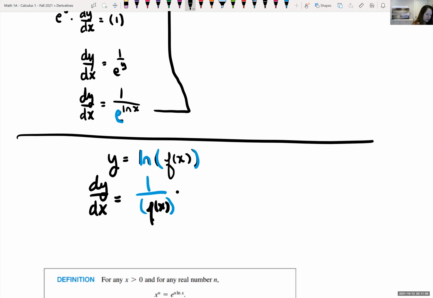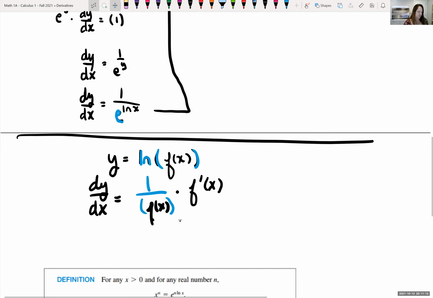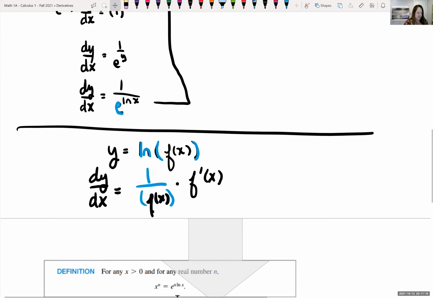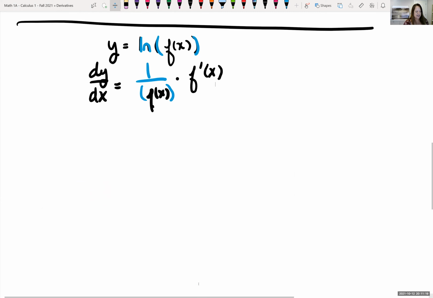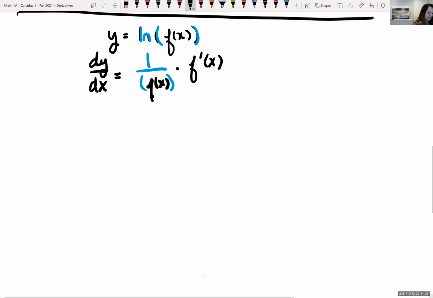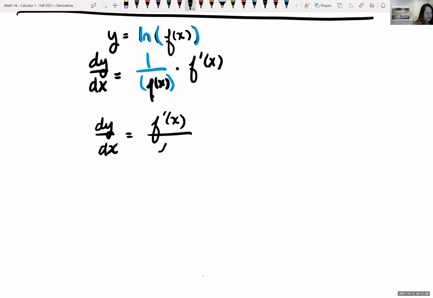Recall we can write the derivative of the inside as f prime of x. And so the derivative of the natural log of f of x is the derivative of the inside all over the inside of what we were taking the natural log of.